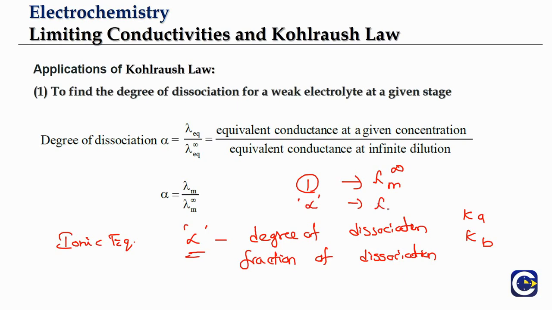As a result, the molar conductivity, let us say, is lambda m. Then these two will be proportional, meaning alpha by 1 will be equal to lambda m by lambda m infinity. At any given stage, the ratio of molar conductivity at that stage divided by the limiting molar conductivity will be equal to alpha.